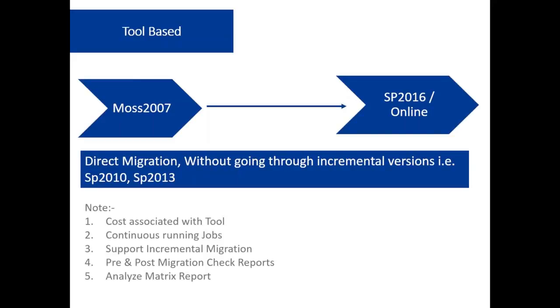Free versions are also available, and we can migrate up to some limit, but sometimes customers are not ready to buy for their production environment or go ahead with those options. But the tool is quite helpful in doing analysis for pre-migration, post-migration, and incremental approaches. So this is just a high-level view.